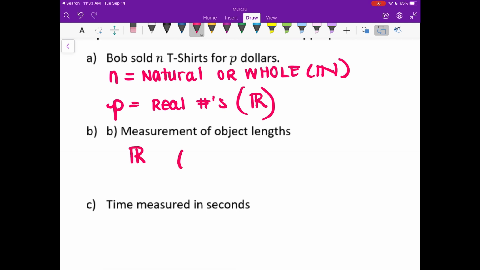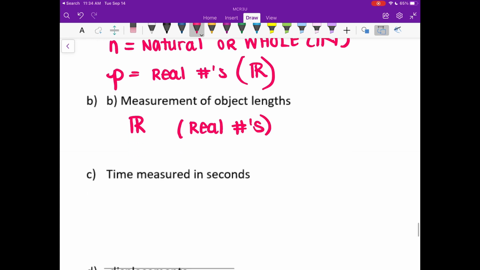Measurements of objects, we always put them as real numbers because they can fall anywhere on that line, from negative infinity to positive infinity. Time measured in seconds is also going to be a real number, unless I say only seconds, not including milliseconds. If I say only seconds, then you can say that it's natural because you can't have negative numbers in seconds.